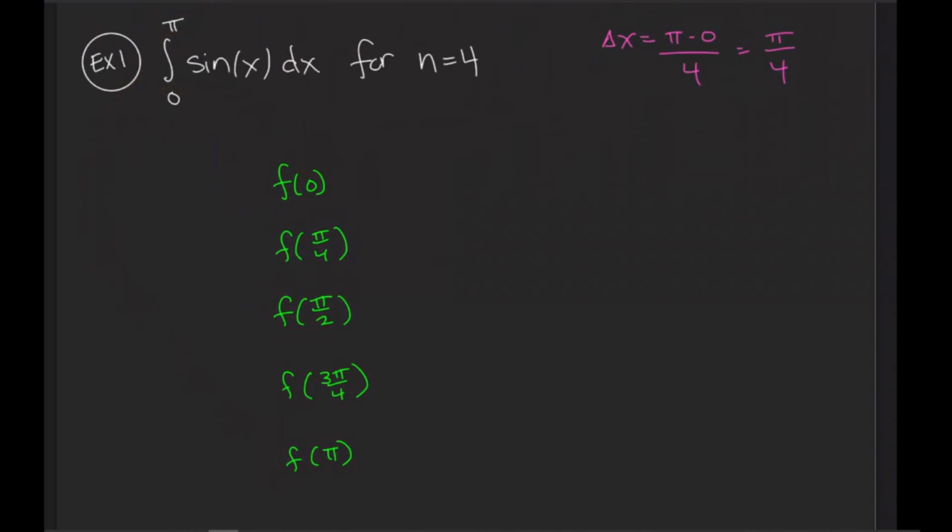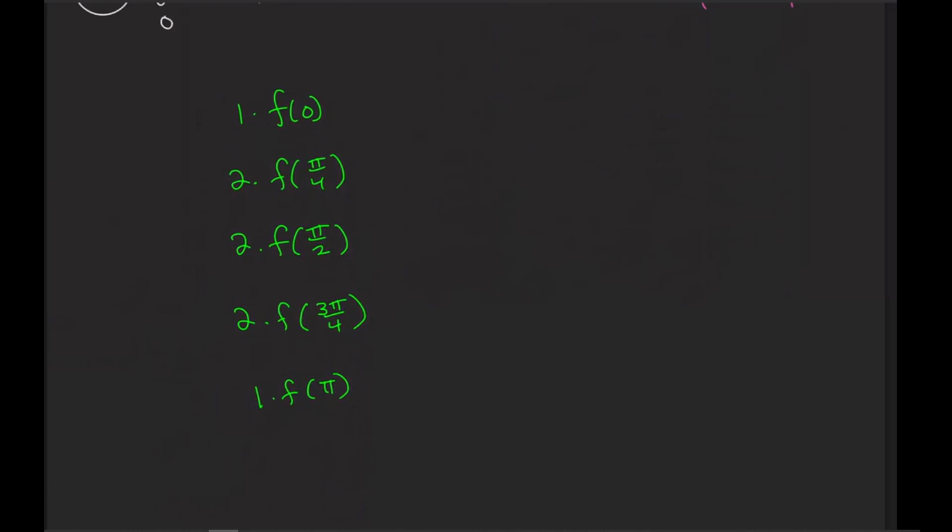Does that make sense? Because the rest of it just means I have 1 times this guy, 2 times this guy, 2 times this guy, 2 times this guy, and 1 times this guy. I'm going to figure out all those amounts and just add them all together. Then once I add all these up, I have to multiply it by that b minus a over 2n.